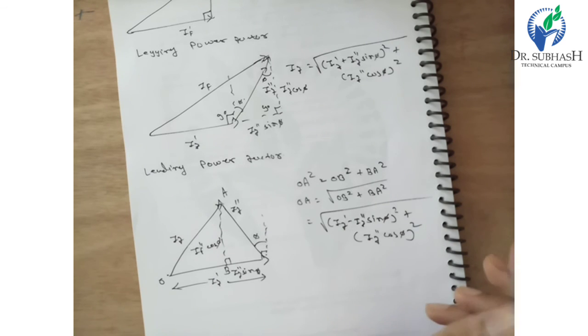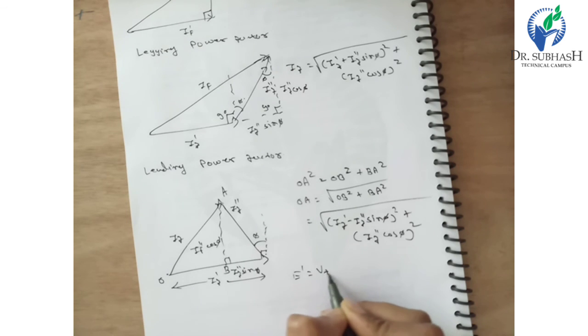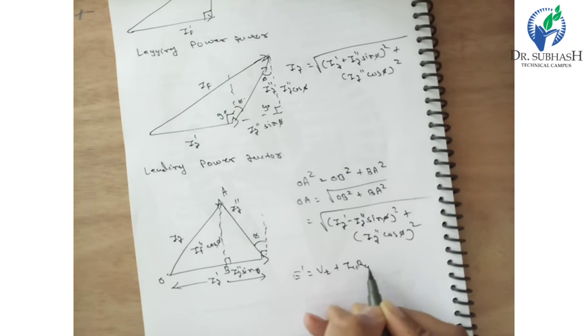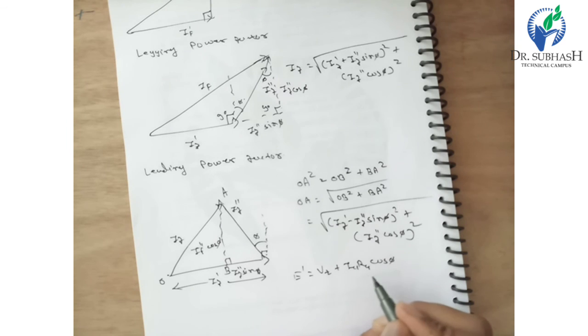In all the above cases, the MMF diagram is constructed by neglecting the armature current and resistance drop. If the armature resistance drop is to be considered, then some calculation is involved: E dash is equal to Vt plus Ia Ra cos phi, considering the terminal voltage and the armature resistance drop, where Vt is the rated terminal voltage of the alternator, Ia is the rated current of the alternator, and cos phi is the power factor.